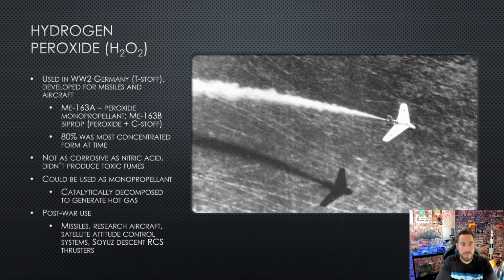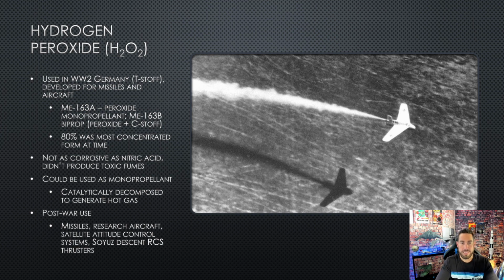Anyway, back to peroxide. Peroxide's not as corrosive as nitric acid, which is great. It doesn't produce toxic fumes, which is also great. We talked about the monopropellant side of it. As far as post-war use goes, it's been used in missiles. It's been used in research aircraft as kind of a supplemental rocket on the side of a research aircraft.